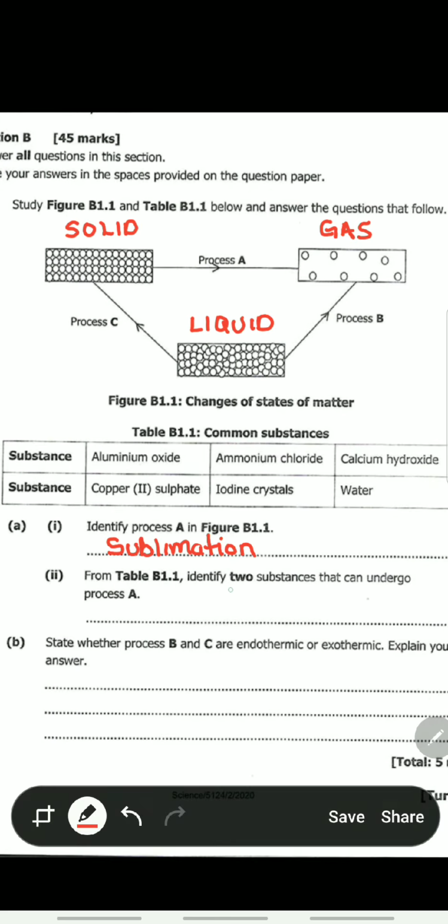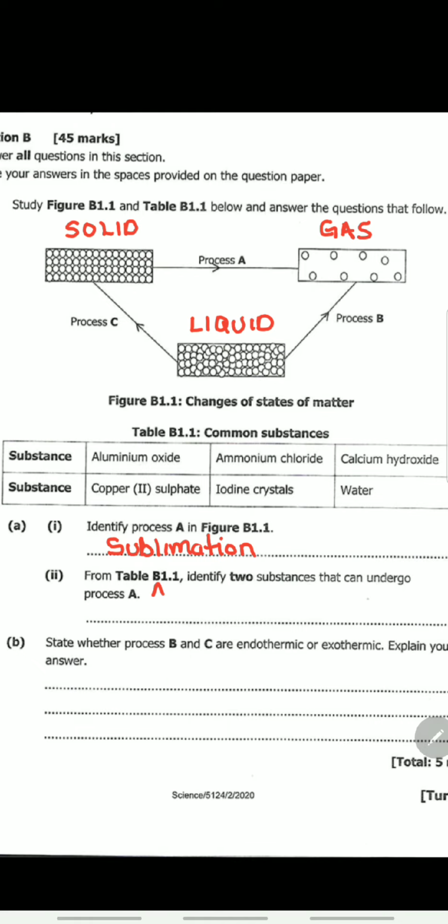From the table, identify two substances that can undergo process A. So process A, according to grade 10 chemistry, there are substances that can sublime. And amongst those substances, we have ammonium chloride. So we'll write ammonium chloride.